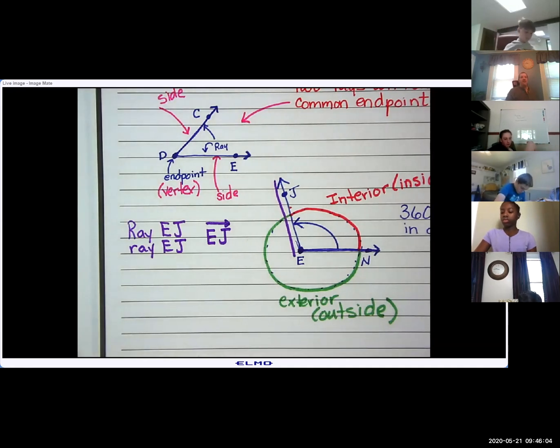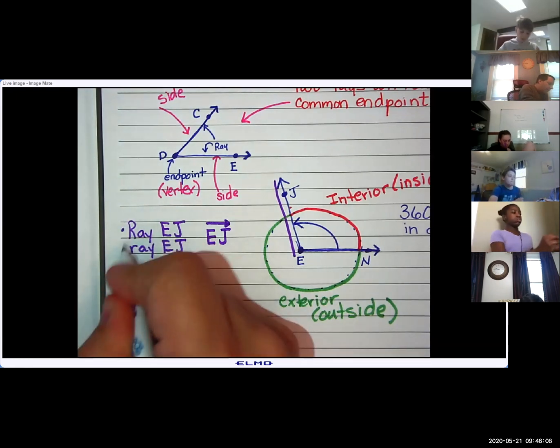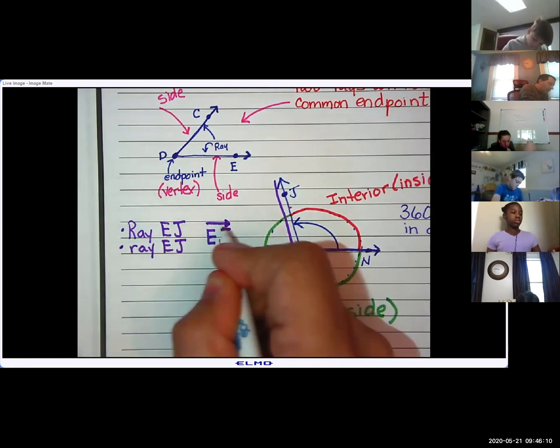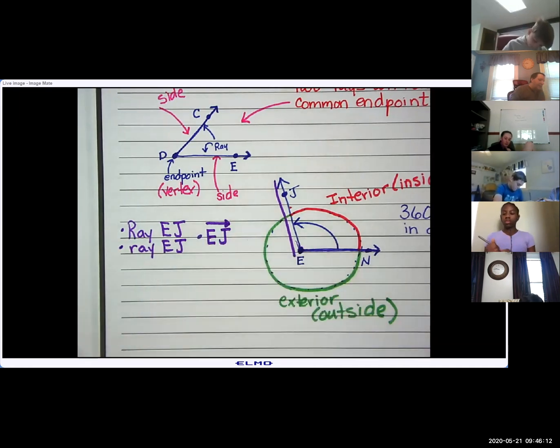That all means exactly the same thing. Ray EJ, ray EJ, ray EJ. Those mean exactly the same thing. When you do that, you're naming the side of the angle.